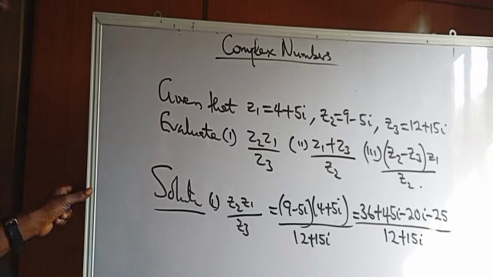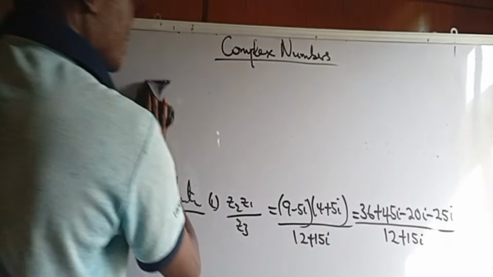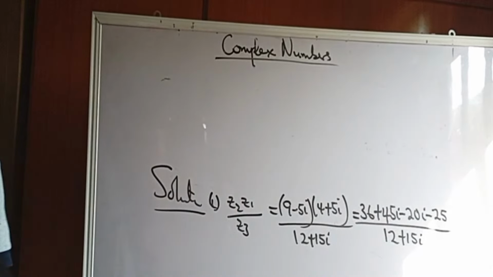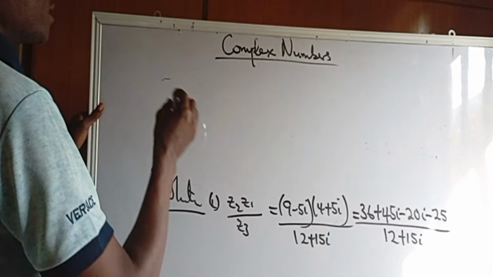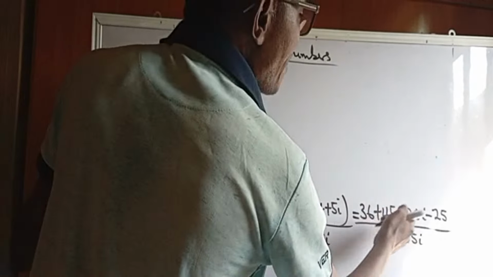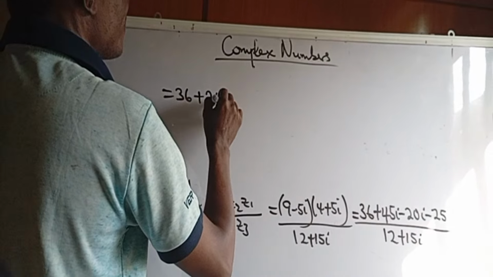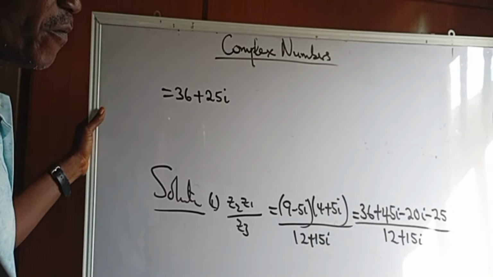Okay, so we can rewrite that as, let's write it on the board. So we have, that will now be what? 36 plus 45i minus 20i. That is plus 25i. I hope you get that. Fine.